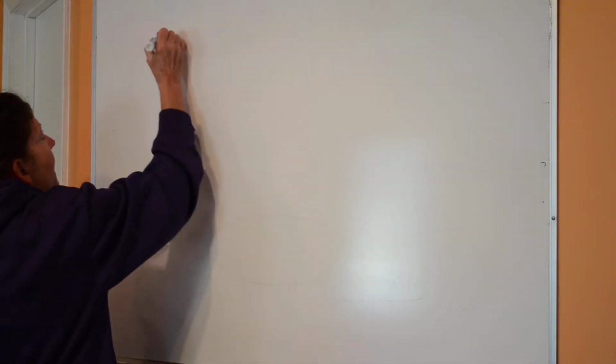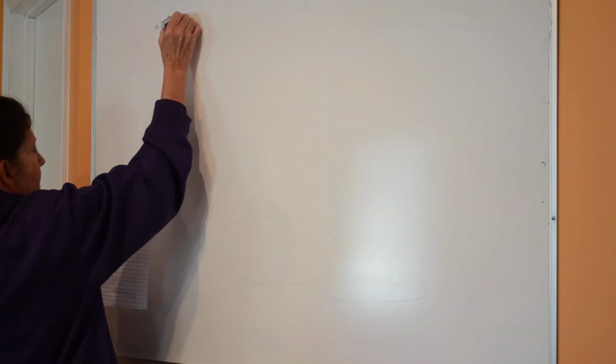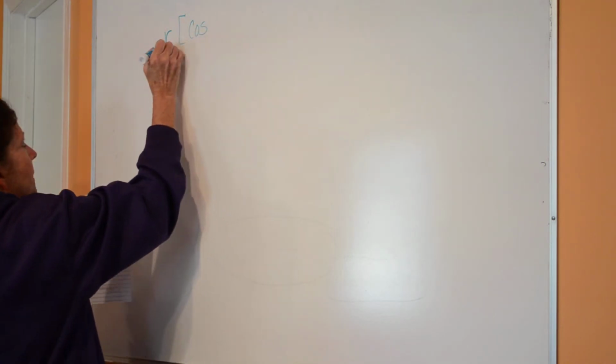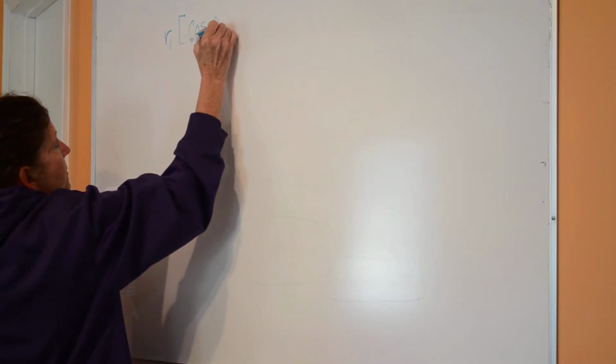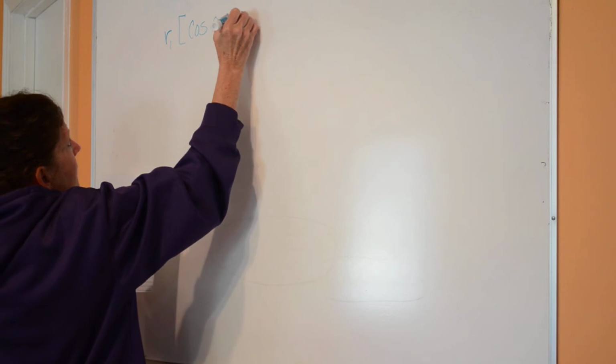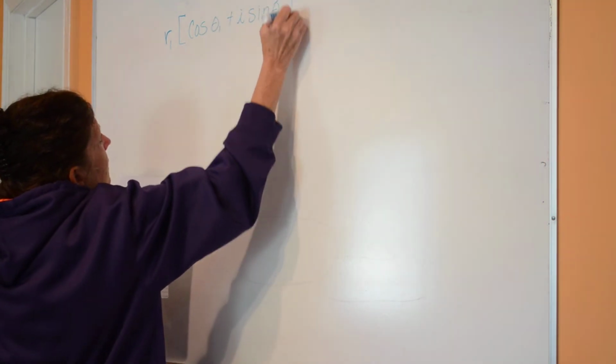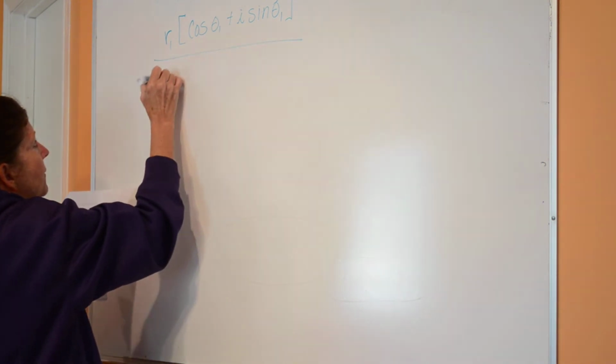So let's say I have r times the cosine, and I go ahead and do sub 1's and sub 2's again. And then on the bottom I have the sub 2's.